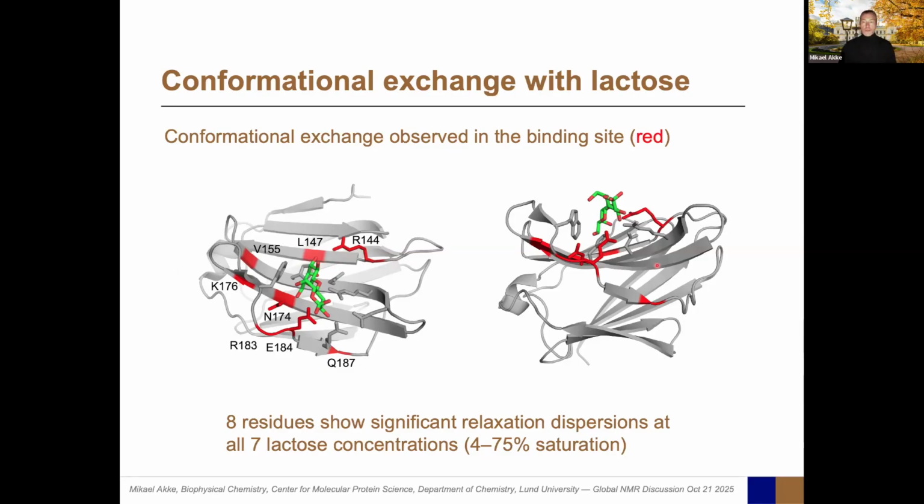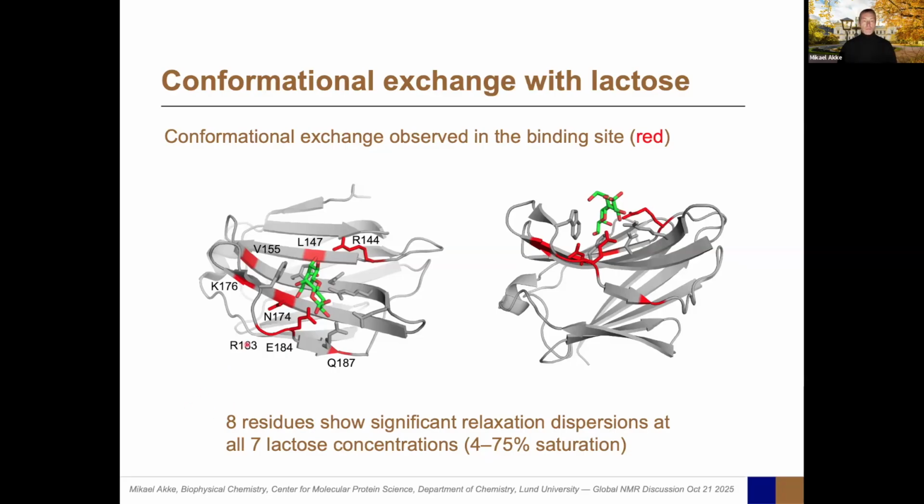And what I plotted here and what we used for the fitting are 8 residues that show significant relaxation dispersions at all 7 lactose concentrations. There are more residues that show relaxation dispersions at some of the concentrations of lactose, because there's some chemical shift. This is kind of fast exchange, so some peaks change a little bit and so on.